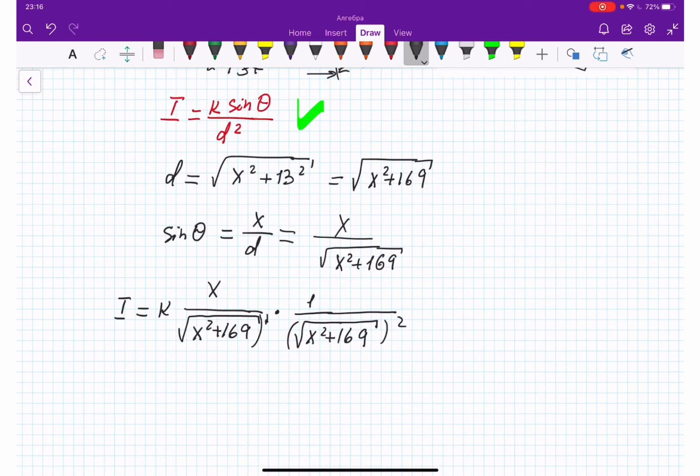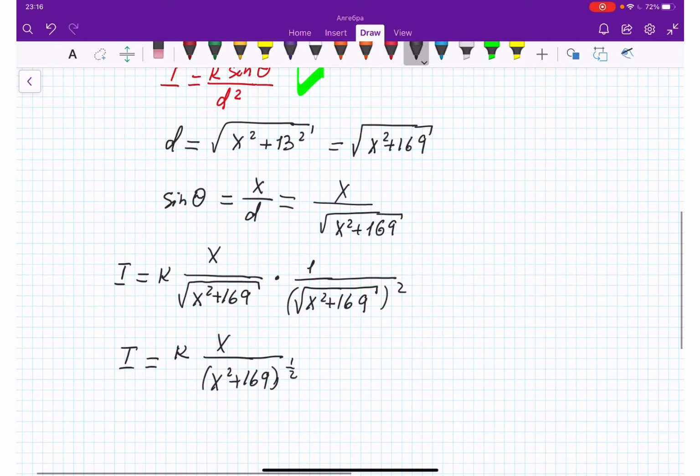Let's do some simplification. I is equal to k times x over x squared plus 169 to the power 1/2, and times 1 over x squared plus 169, right?